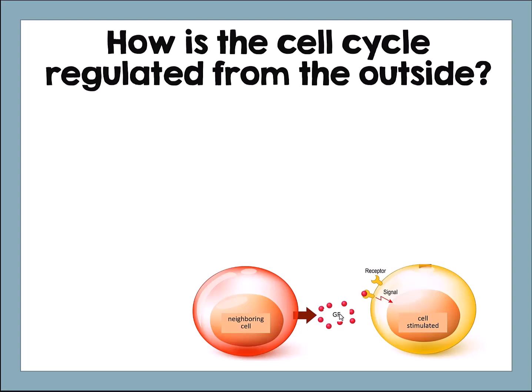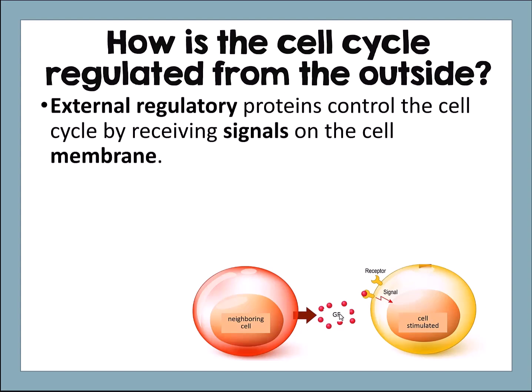So the cell cycle is regulated from the outside. We said it's regulated externally and internally. External regulatory proteins control the cell cycle by receiving signals on the cell membrane.